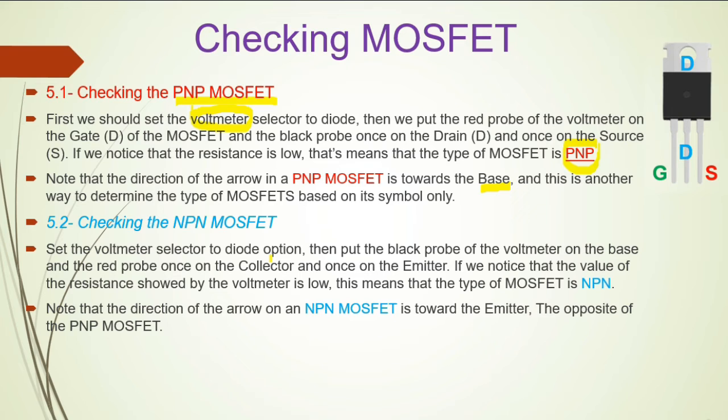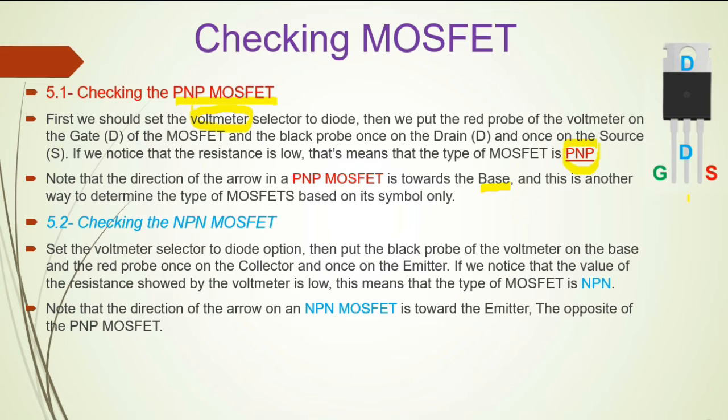And this is another way to determine the type of MOSFET based on its symbol only. So we can know if the MOSFET is PNP or NPN using the voltmeter, and also we can just base it on the arrow that is shown on its symbol.